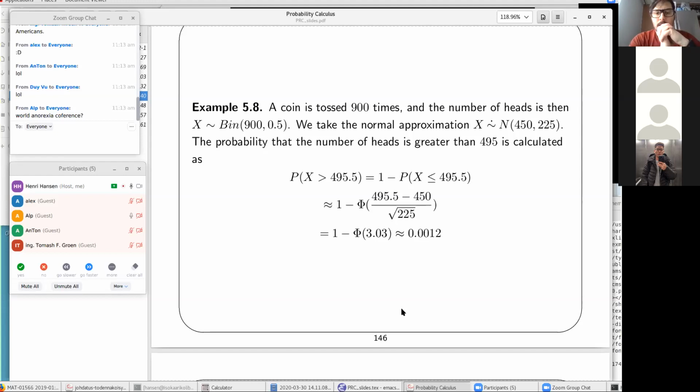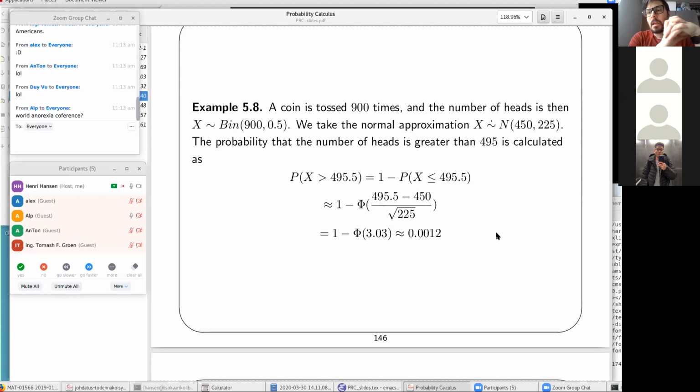We put this into the normal approximation so that we subtract the expected value and divide by the square root of the variance. What we get comes out at 3.03. 1 minus the normal probability at 3.03 is 0.0012. So that's, again, 12 in 10,000.